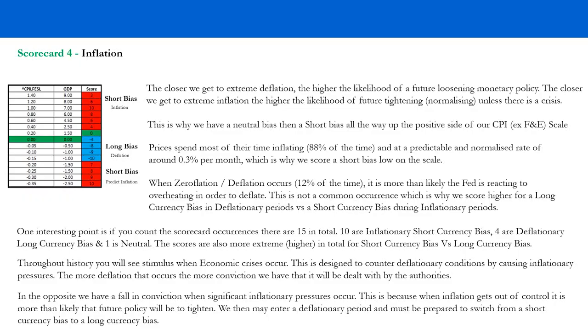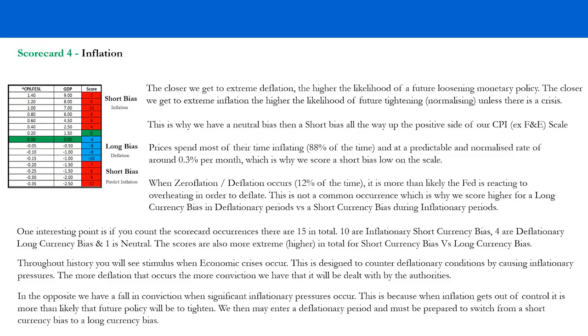The closer that we get to extreme deflation, it's pretty obvious by looking at the data that the likelihood of future loosening monetary policy and the Fed being aggressive goes a lot higher. And the closer that we get to extreme inflation, the higher the likelihood of future tightening or normalizing, unless there's a crisis, of course.